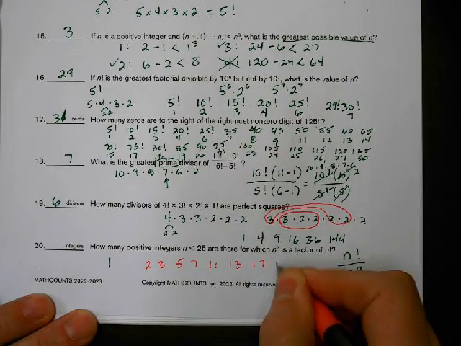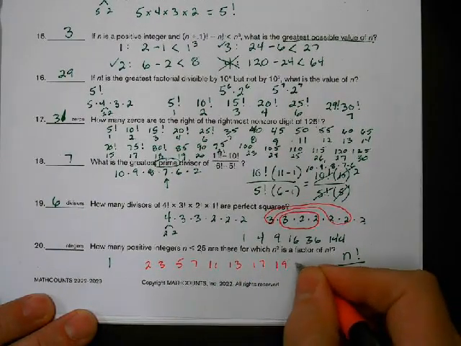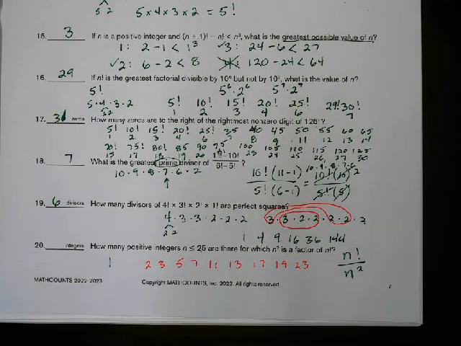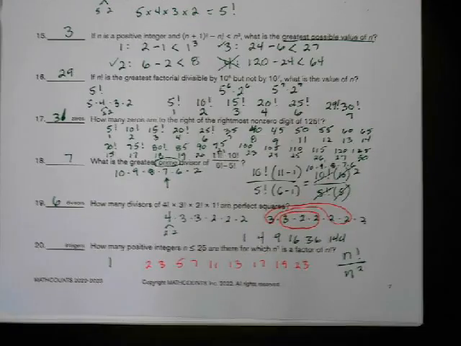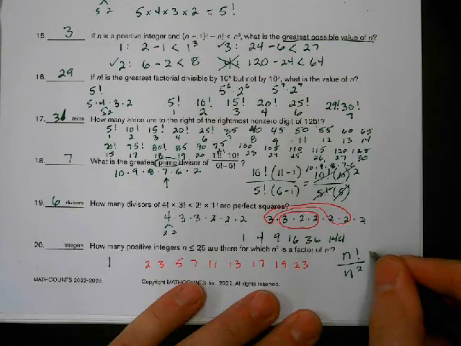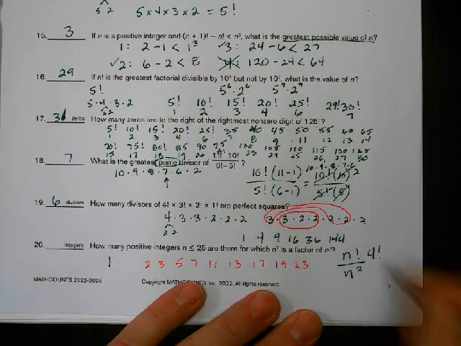Now you may be tempted just to look at those, but sometimes smaller numbers have some problems with them. And in this case, we do have one more that is not a prime number that does not work, and that would be 4. If we've got 4 factorial, that's 4 times 3 times 2 times 1.